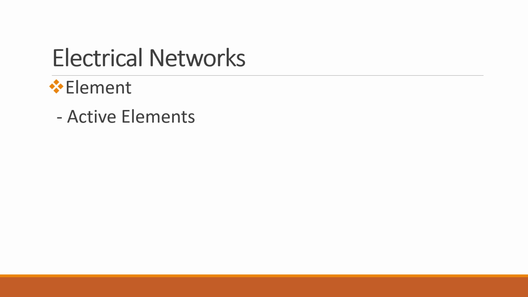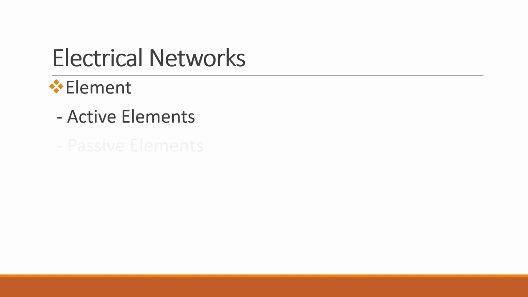Active elements are those elements which do not have the tendency to hold charges. All the independent sources are active elements as they provide an infinite amount of current to the circuit. For example, voltage source and current source.